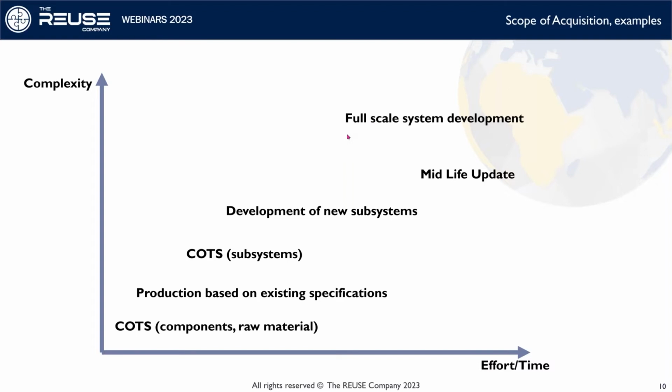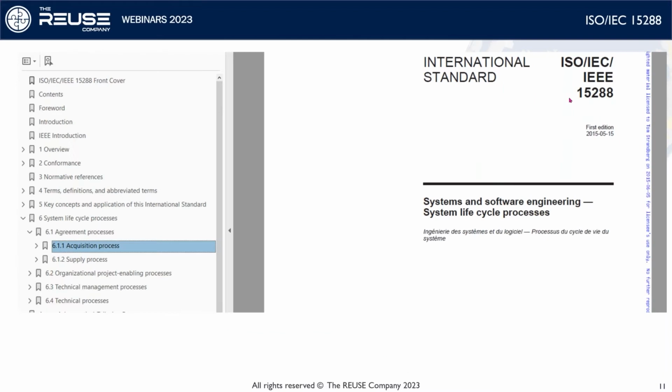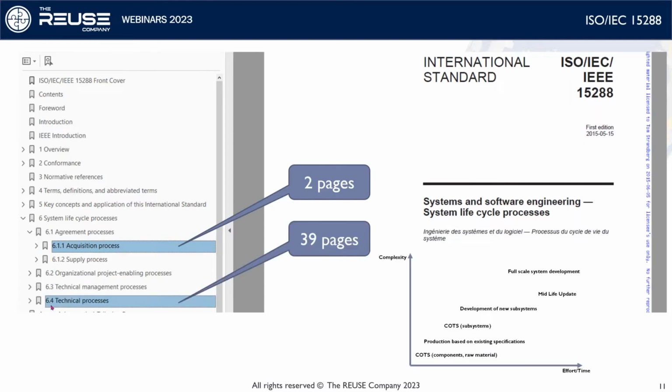Okay, short look in the standards then. 15288, as I think was mentioned in the presentation by Cecilia, is a standard for system lifecycle processes. And it has actually a section which describes acquisition. But it's a pretty brief one, 2 pages, compared to the technical processes, which is the main chunk of this standard, of course.